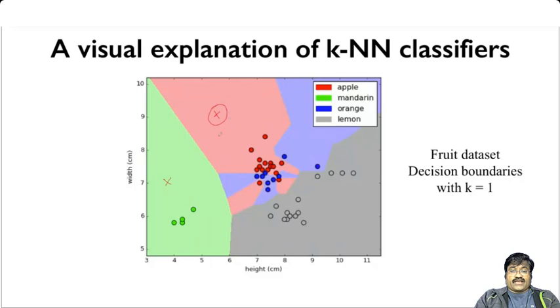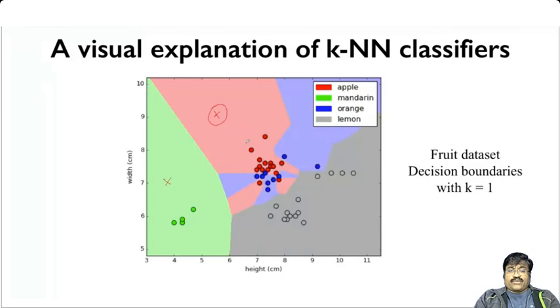The object that has a height of 6 centimeters and a width of 9 centimeters, if you give the classifier that point, what it will do is search within all the different training examples that it's seen. So it would look at all these points and see which one is closest. So we are looking at the nearest single neighbor. So we are looking at k equal to 1. We are trying to find the one point that's closest to what's called the query point.